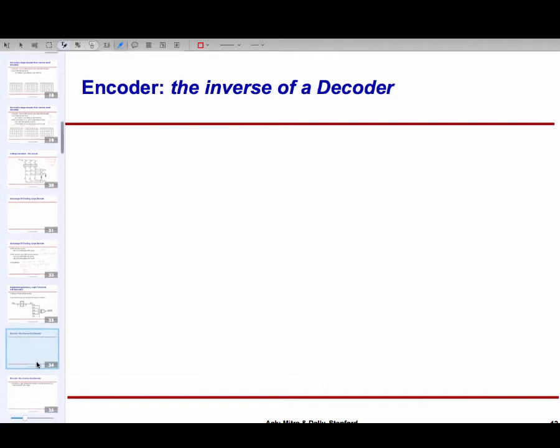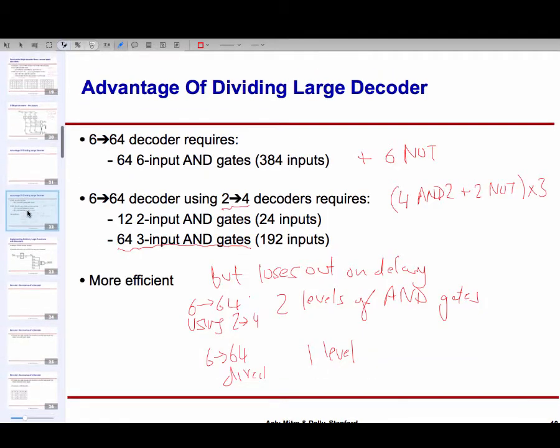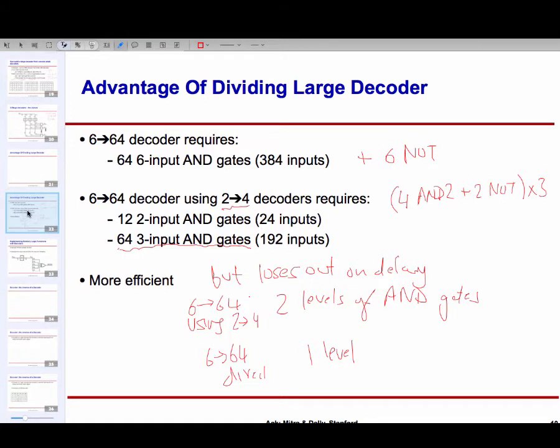And why might we want to do it? Well, if I had implemented the 6:64 decoder using my original Karnaugh map-based approach, it would have required 64 6-input AND gates and also 6 inverters. That would be a total of 390 gate inputs, so the cost would be proportional to 390.